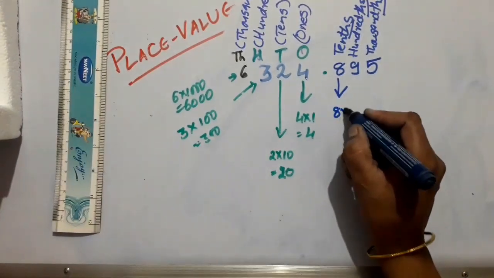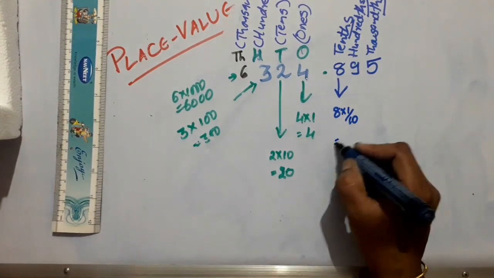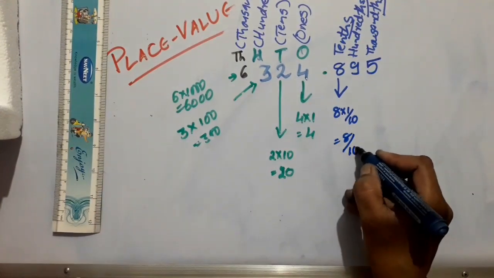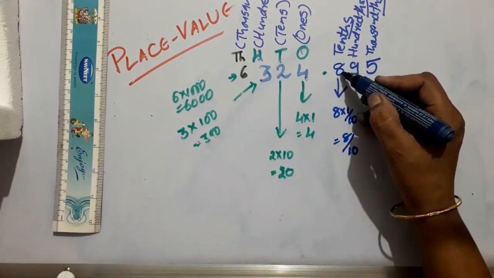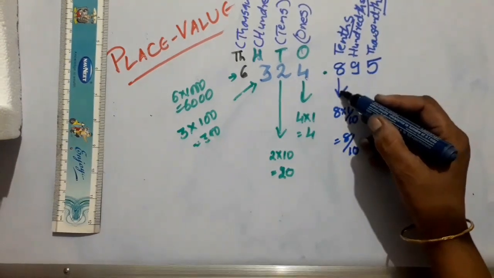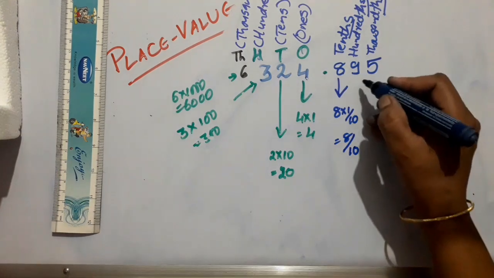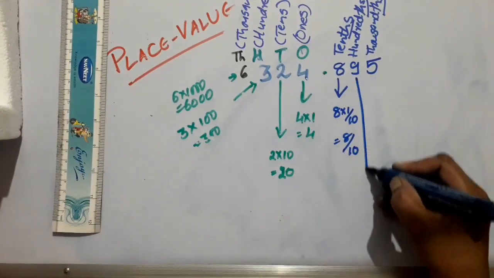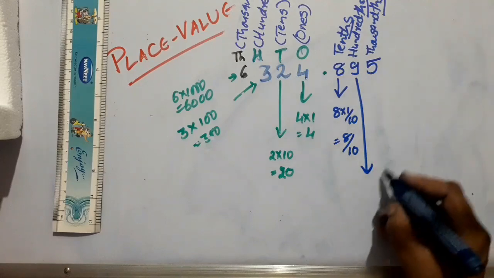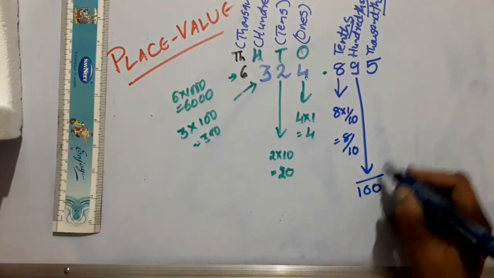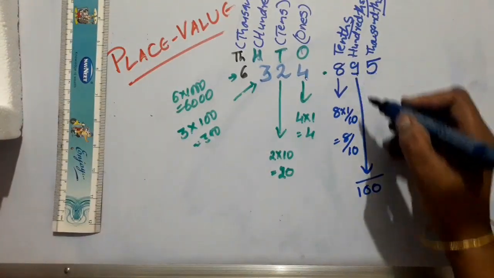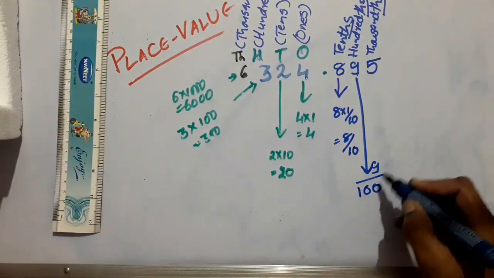So what is the place value of 8? That is 8 into 1 upon 10, that is 8 upon 10. After the decimal point, first digit, so the denominator is 10. This is after the decimal point, the second digit, so the denominator is 100 and the numerator is 9, 9 upon 100.